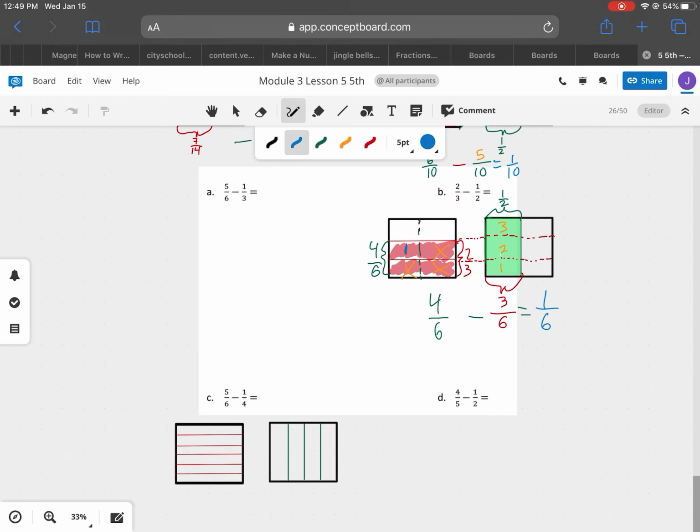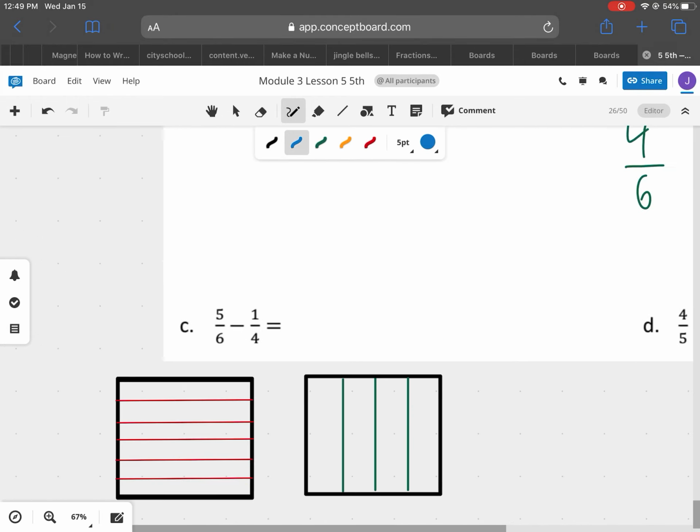All right, let me do the C problem. Now this one is a little more intricate. It has 5/6. So I have this divided into 6 parts, and I'm going to shade in 5 of them. 1, 2, 3, 4, 5.